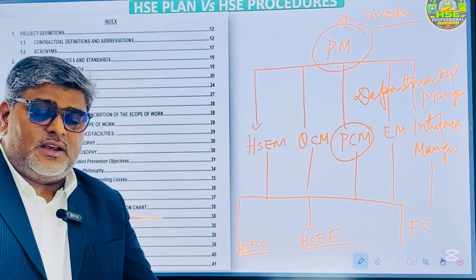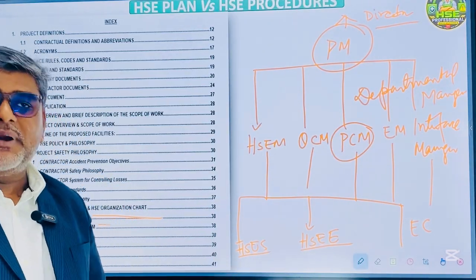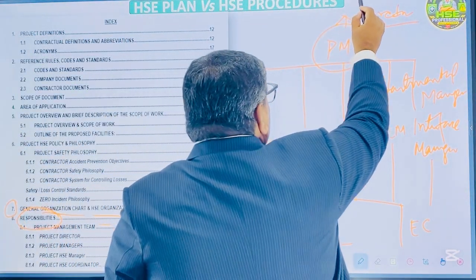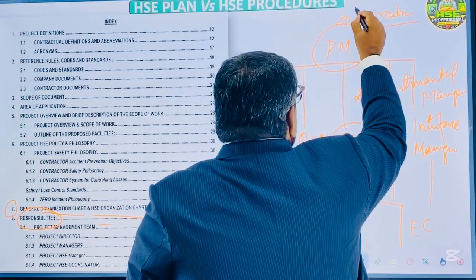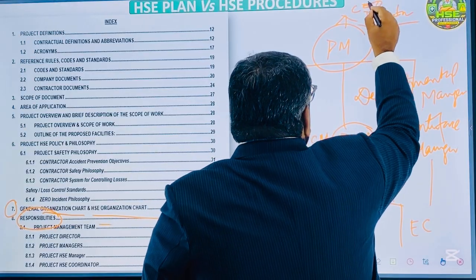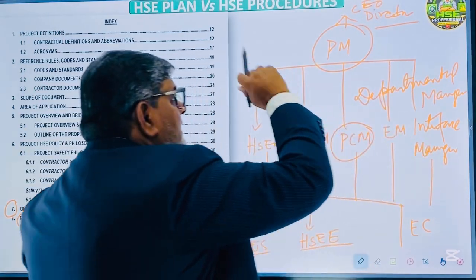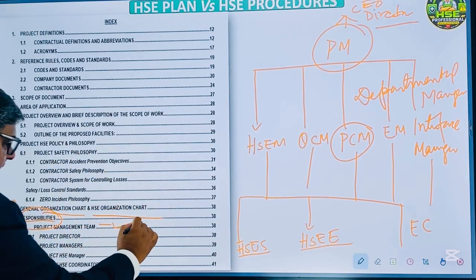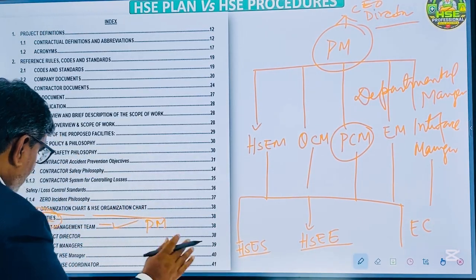I'm not saying all organizations are the same, it depends on them. Then we can go on the top like CEO, Chief Executive Officer. So what will be the responsibility of the project management team?